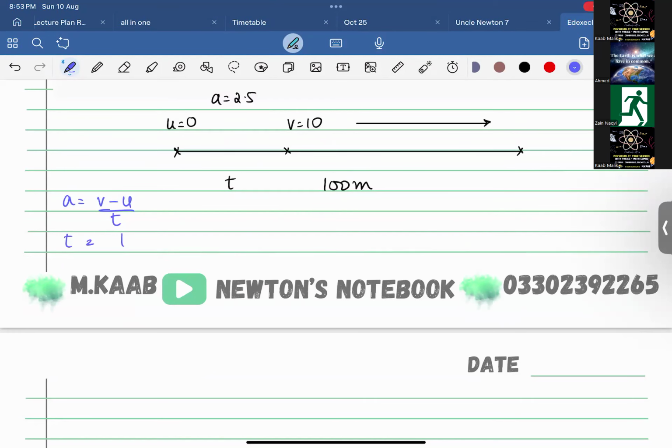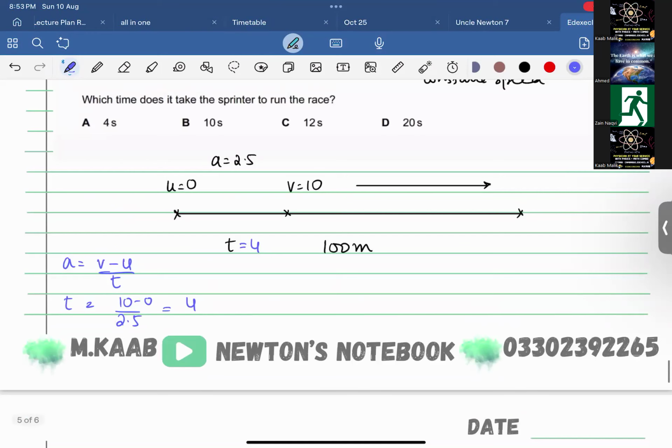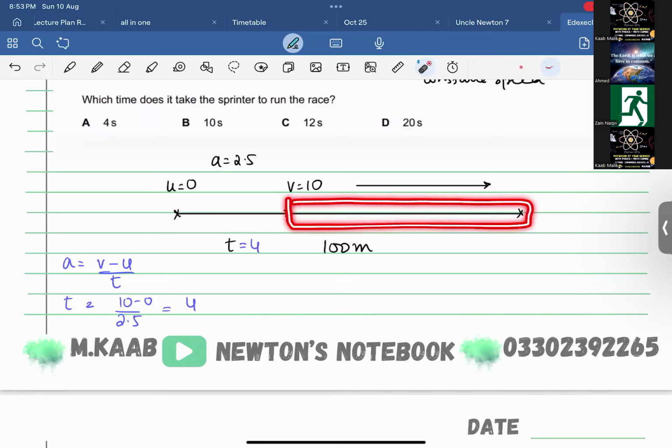Just make t the subject: 10 divided by 10 minus 0 divided by 2.5 gives you 4. So this is 4, right? But we also don't know this distance, because in this portion the object is moving with a constant speed. Constant speed means you are not allowed to use the constant acceleration equations of motion.